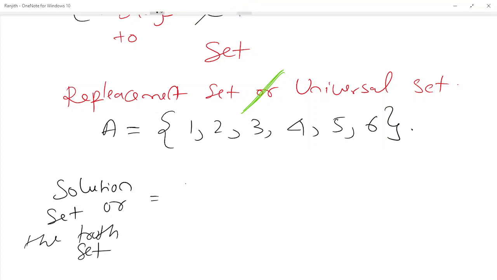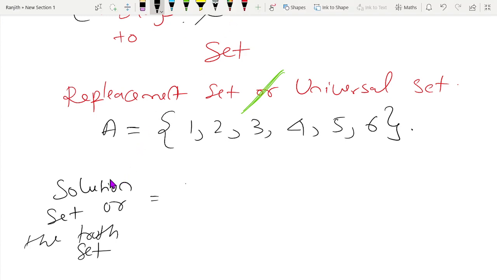What do you mean by solution? Solution is the answer. So they'll give you a set, the replacement set, and they'll ask you a question.